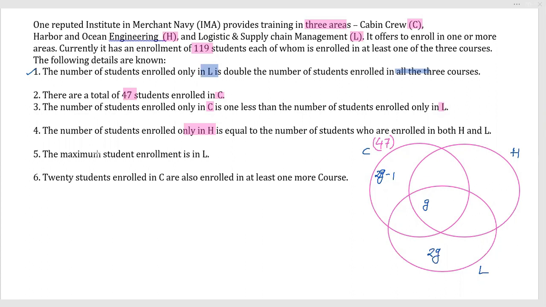Both H and L, if you take, then it would be all three plus H and L only. So if I consider this is F, these would be G plus F, because these two are both H and L.